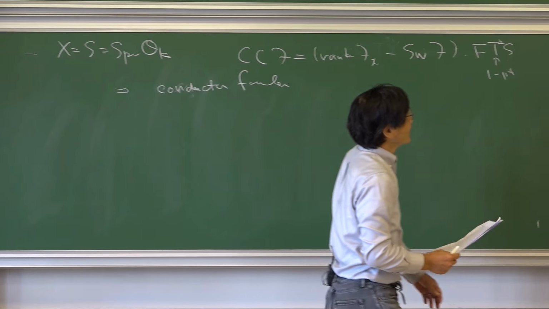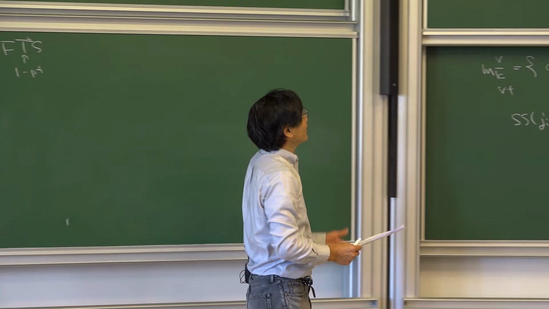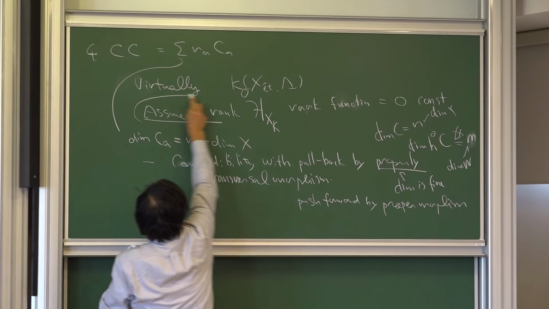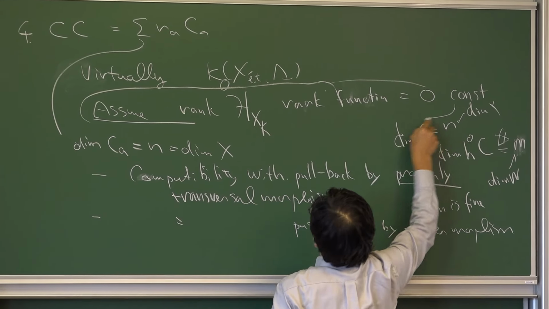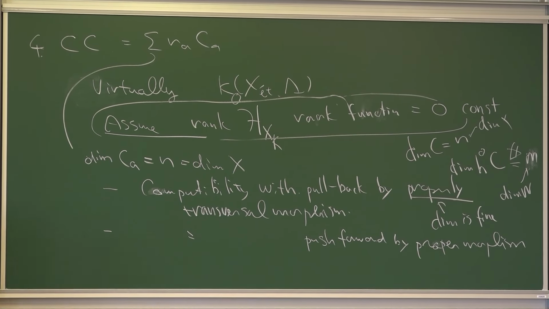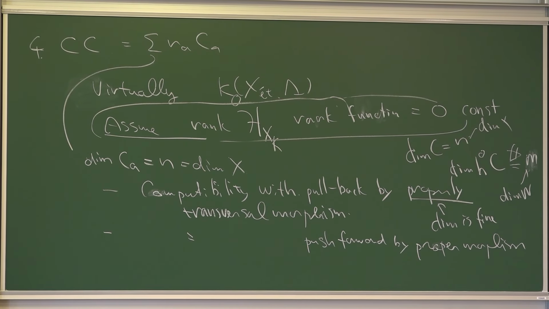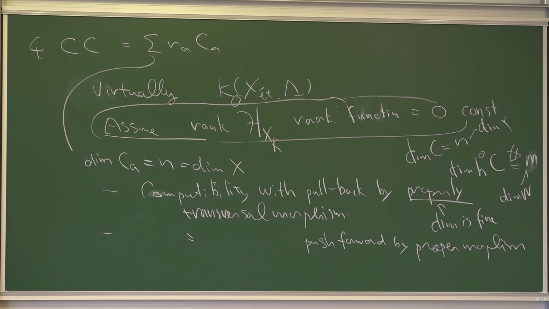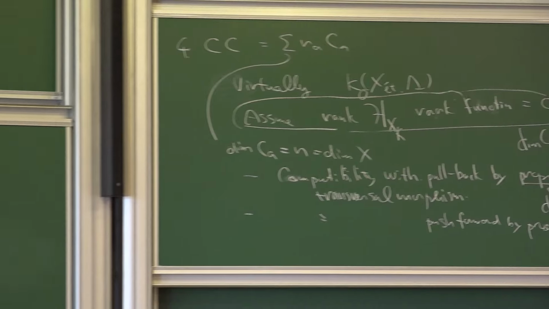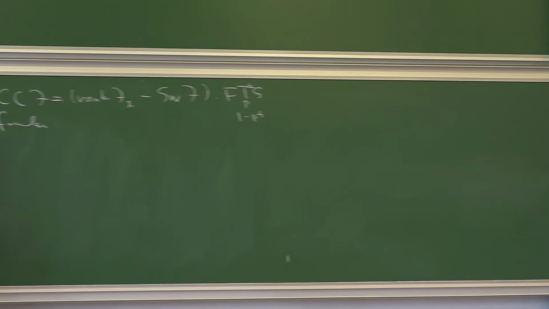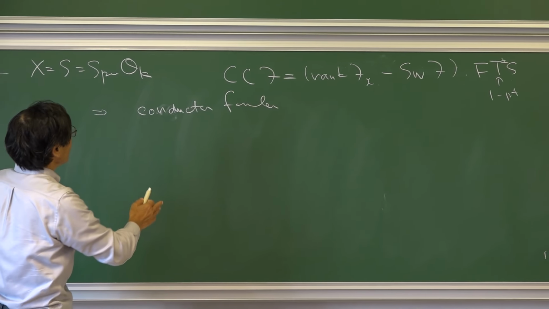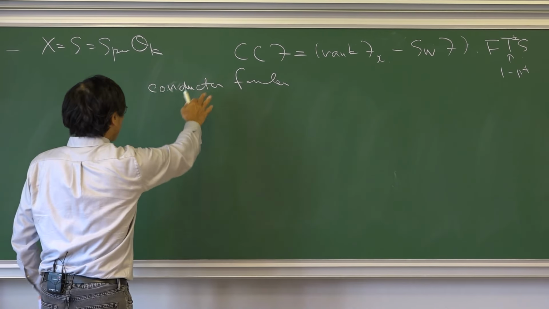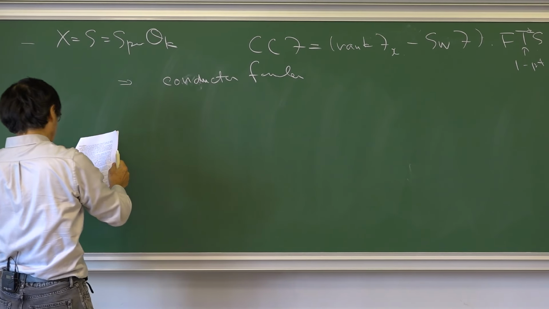This is a continuation, I keep assuming this condition. So the combination of that compatibility and this normalization should give a conductor formula.